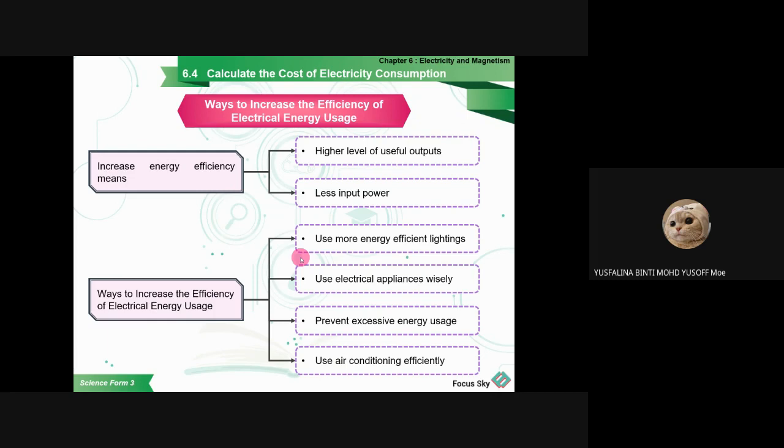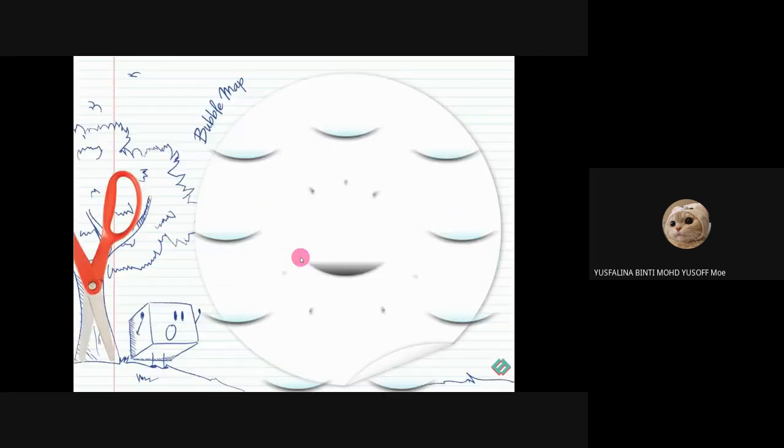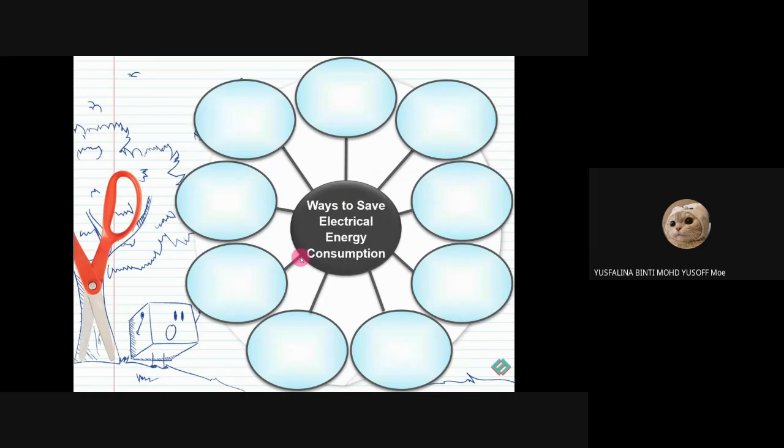Okay, so if the weather is not too hot, maybe we just use a temperature that is not so low, so this can save the cost of the electricity bill. So, ways to save electrical energy consumption: replace filament lamps with LED lamps.